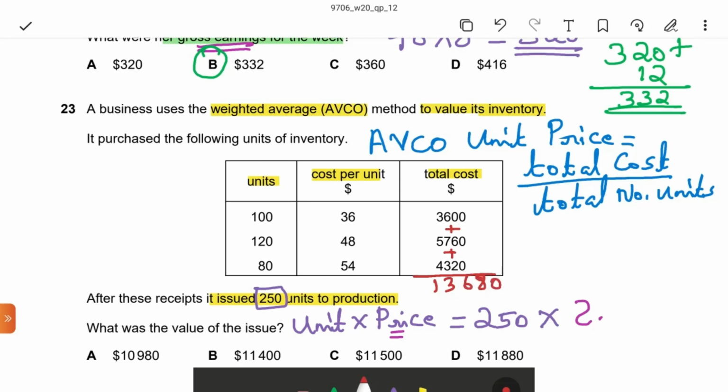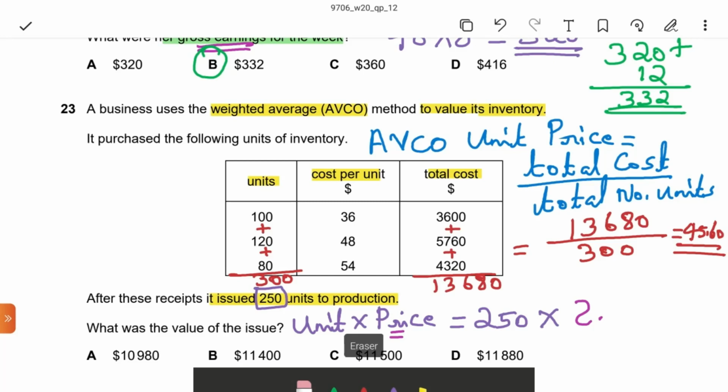What is the total units? 100 plus 120 plus 80 is equal to 300. So we apply this into the equation. Total cost 13,680 divided by 300 is equal to 45.60. That is the unit price.